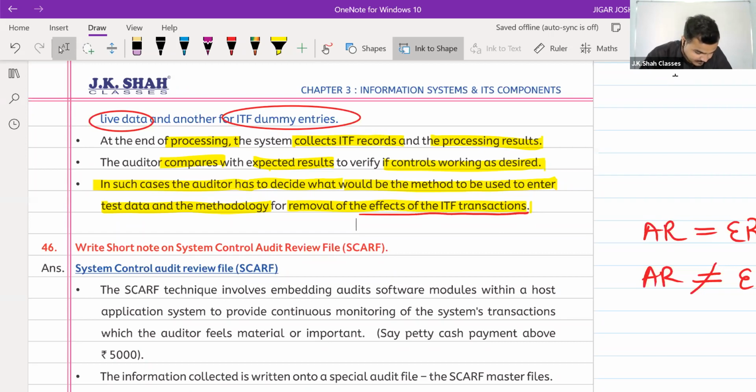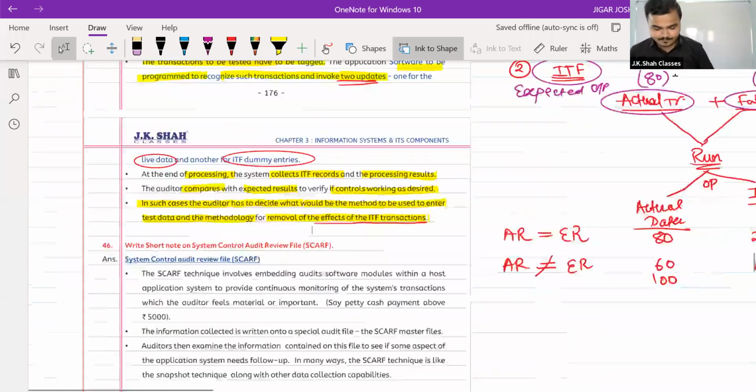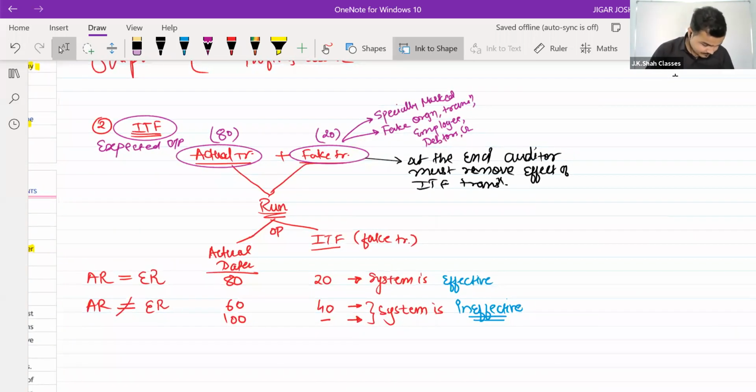Please refer to it, very fast, very quick. Diagram is here. Done.